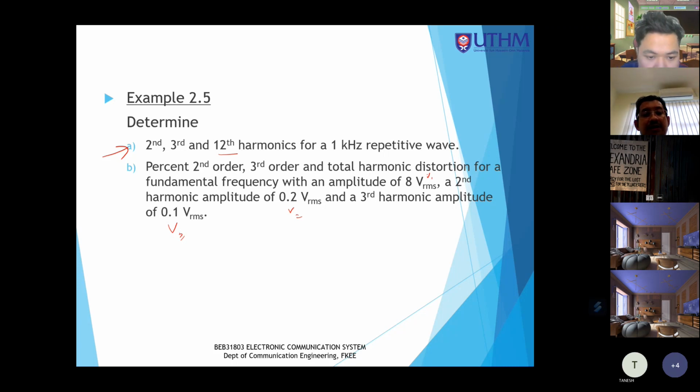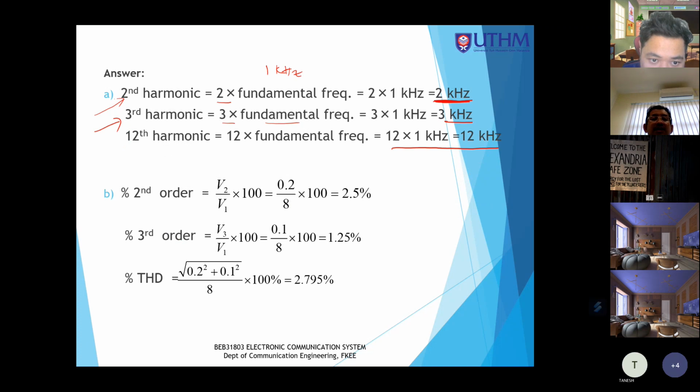Maknanya soalan A dan B dia sebenarnya tidak nak kata dia berkait, tidak juga kerana dia cuma tanya sehingga third order sahaja. Kalau nak cari up to 12, you can try on your own. So for this question B, dia cuma tanya sehingga third order sahaja. So macam mana nak kira?